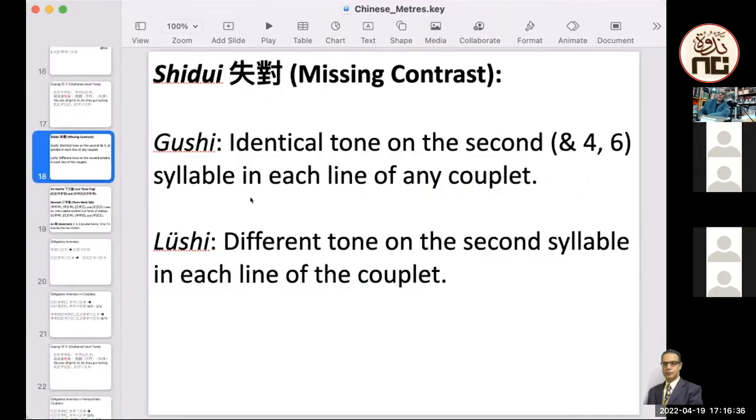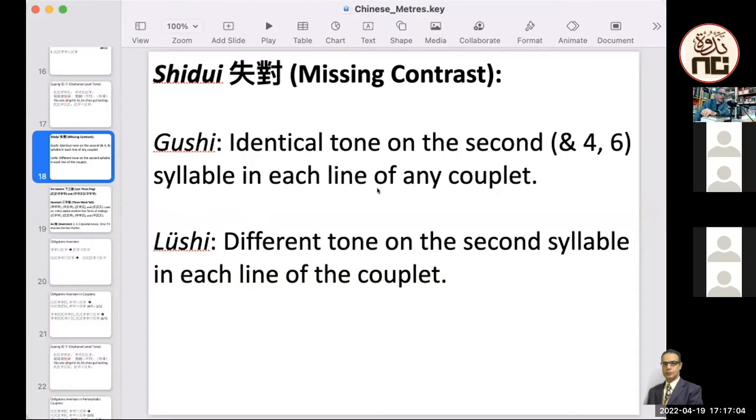Next, missing contrast. When there is a contrast, it is the antithesis that I just explained. The difference between the kushu and the lishu is that in the ancient verse, there was an identical tone on the 2nd, 4th and 6th syllables in each line of a couplet.